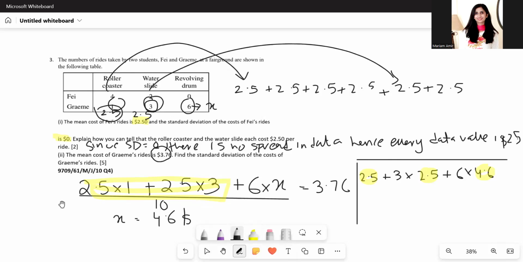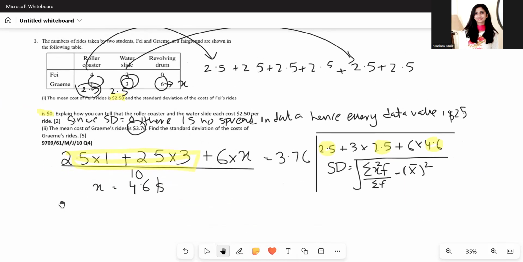Because the formula is something like this: standard deviation equals the square root of the summation of x value squared times the frequency, divided by the total frequency, minus the square of the mean.